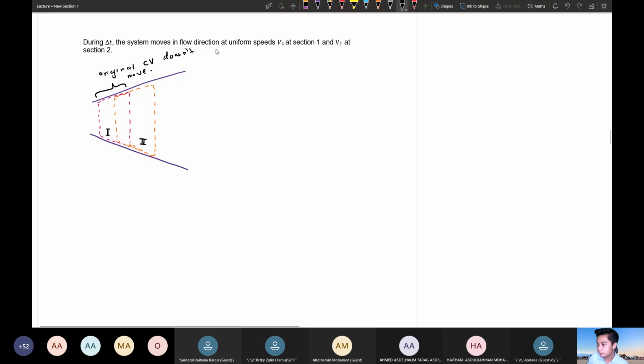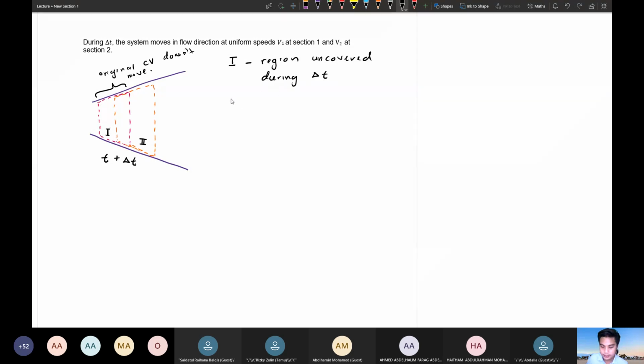So let me put this way. 1 is a region uncovered. Okay, uncovered, not covered, during delta t, the change of time. Alright, can you see the orange color? It has moved, that means 1 is not covered, it is uncovered. Okay, this is at the time t plus delta t.